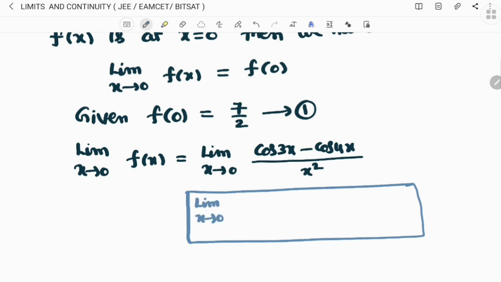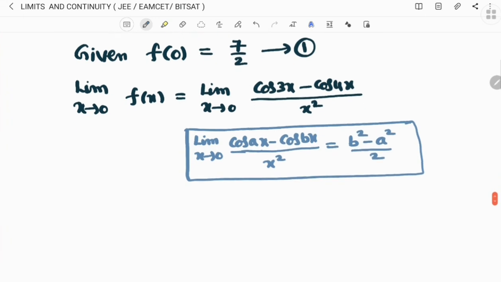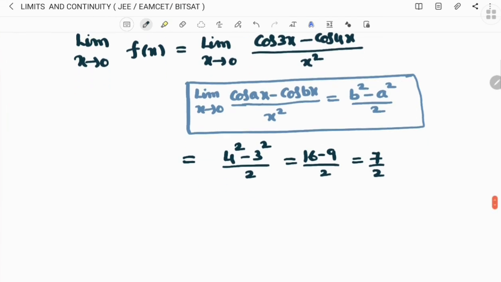Limit x tends to 0 of cos ax minus cos bx divided by x square is equal to b square minus a square by 2. Based on this formula, 4 square minus 3 square divided by 2, so 16 minus 9 divided by 2, which is equal to 7 by 2. Therefore, limit x tends to 0 of f of x is equal to 7 by 2, which is also equal to f of 0.